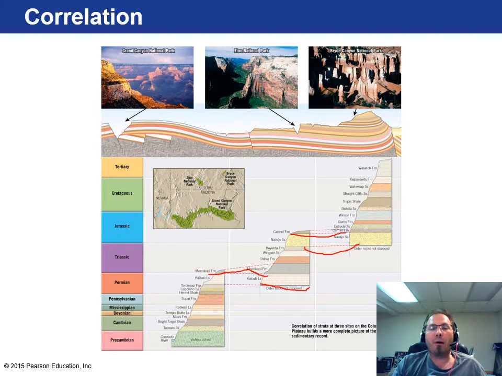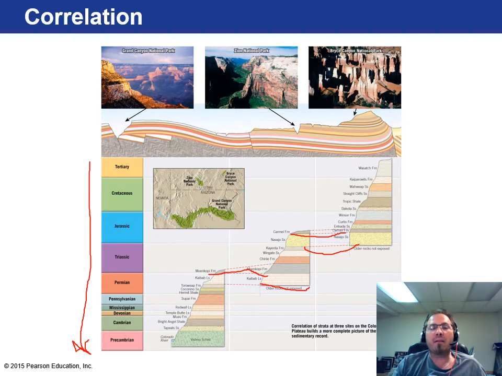When you combine all three, you get geologic time from basically today to the oldest rocks, the Precambrian rocks that are over 1 billion years old in some cases. So the entire geologic time scale is represented between these three national parks.